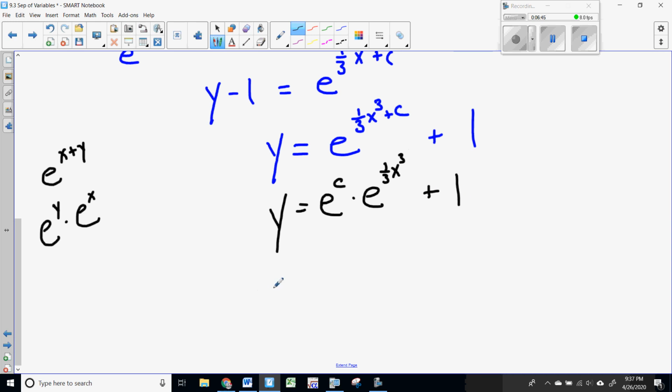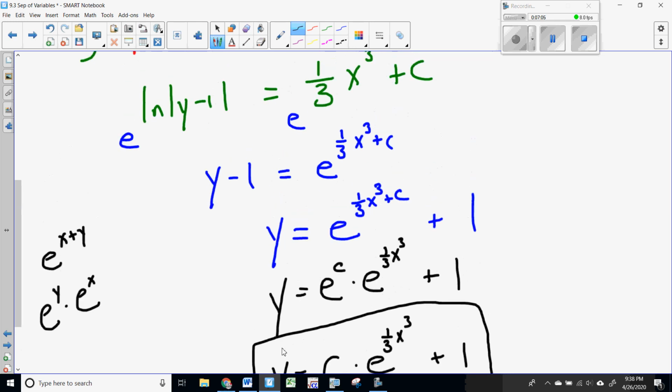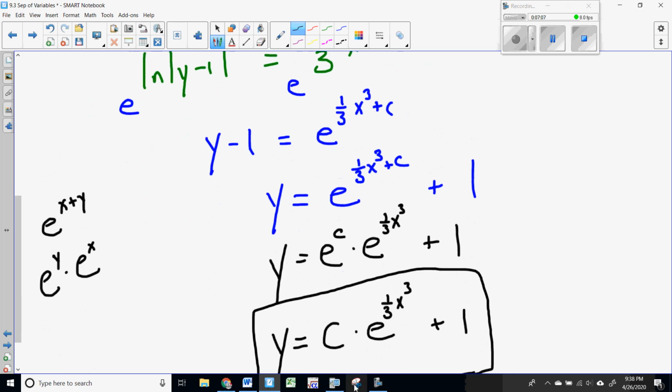But e to the c is just another constant. So this is just c times e to the 1/3 x cubed plus 1. So there is our solution to this differential equation. That is our general solution to that differential equation.